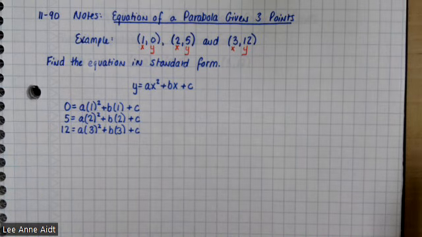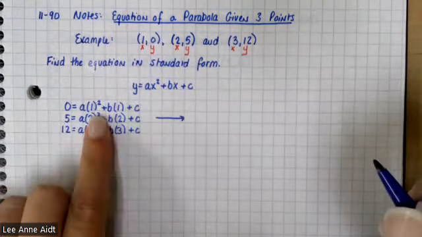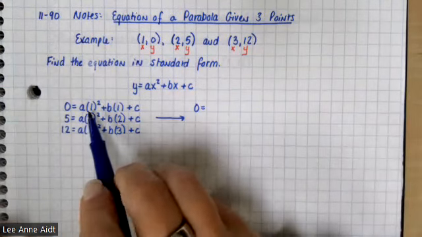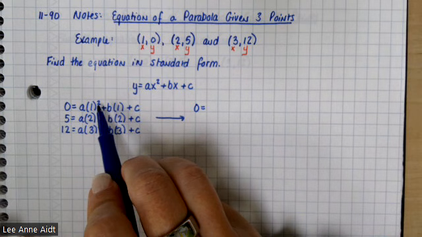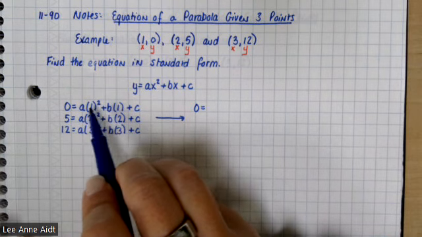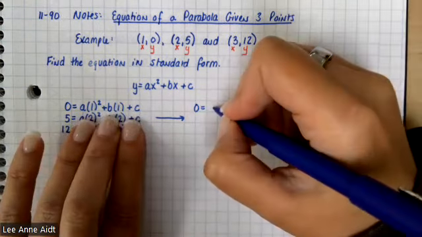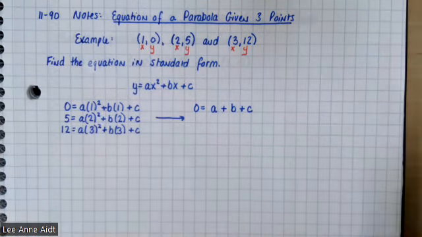Do you see now how it's starting to look like what we did Friday? Anybody? Anyone? Okay. Now we're going to clean this up. So 0 equals. Do you guys all know that 1 squared is 1? And do you know that we don't normally write ones as leading coefficients? So this would be a plus b plus c.